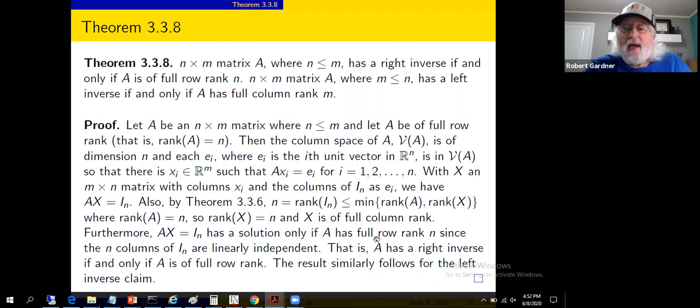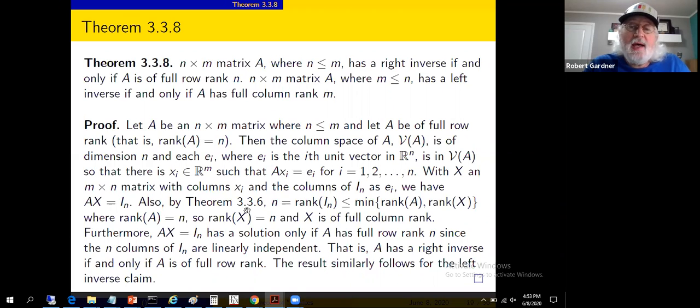Only if A has full row rank n, since what we're looking at over here is a matrix of rank n. I sub n has n linearly independent columns. What you're doing when you do this AX thing is getting linear combinations of the columns of matrix A. So it's kind of this argument again.